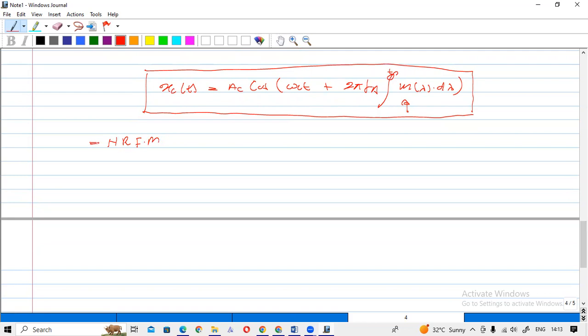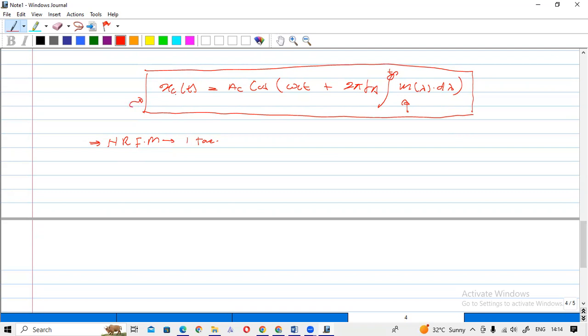I will explain why we call it narrow band frequency modulation, and also for a single tone. Normally we find the frequency spectrum of a narrow band frequency modulated signal for one tone, otherwise it will be very complex.